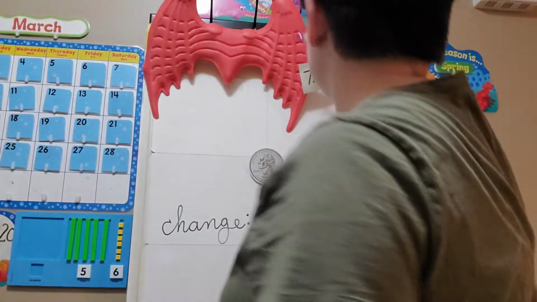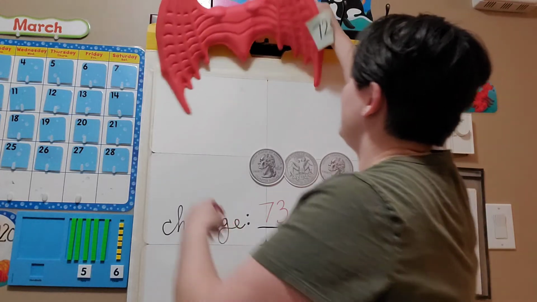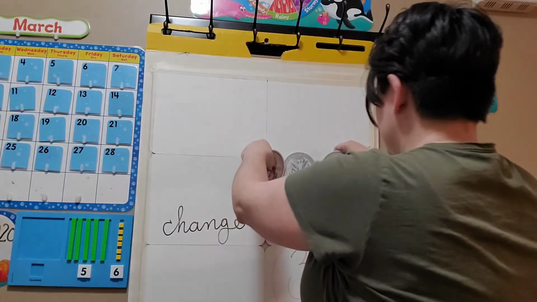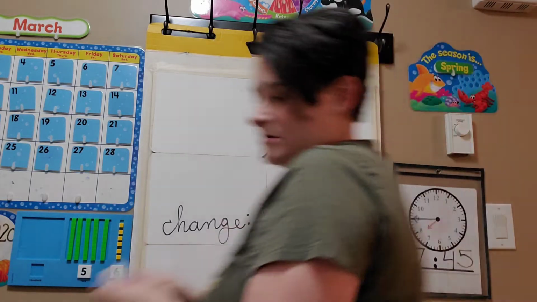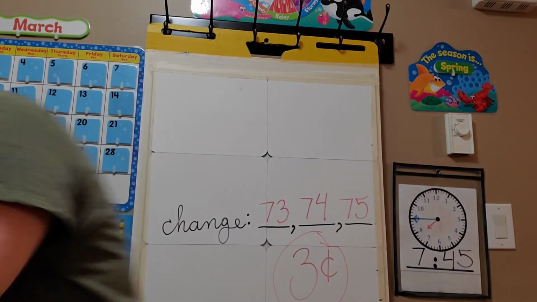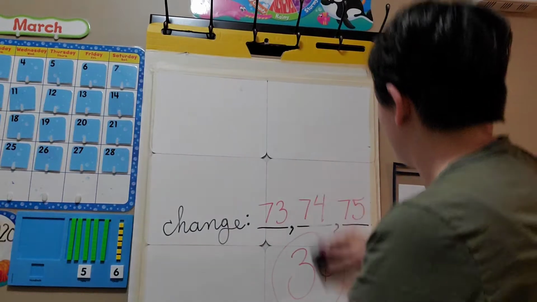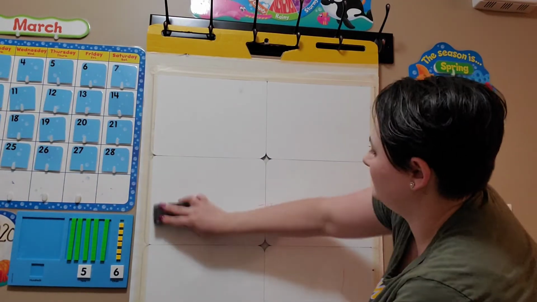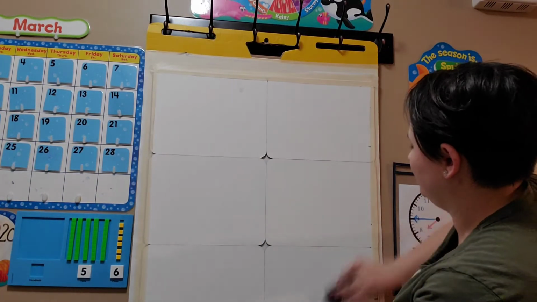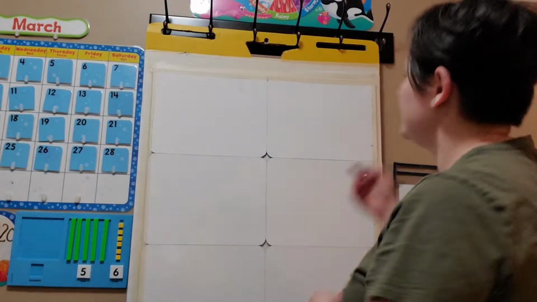Okie dokies. Let me take down our fun math that we did this morning. Take down my quarters, and let me erase our board. Okay, and then we have 10 problems.